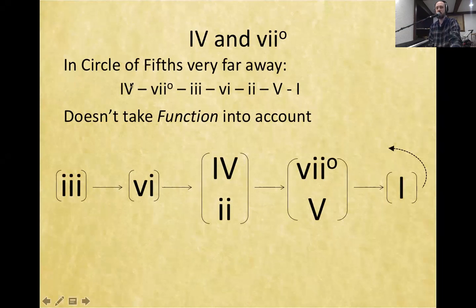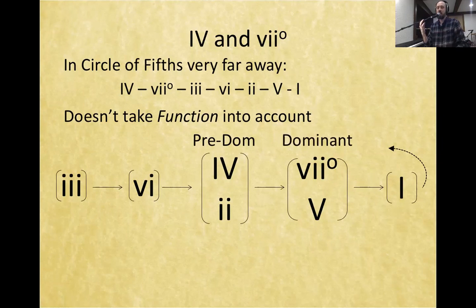So instead of being so early in the progression, 4 and 7 can now find their place as predominant and dominant harmony. And this gives us a really interesting harmonic chart here where the vast majority of the chords are loaded up in these really functionally important roles: predominant, dominant, tonic.